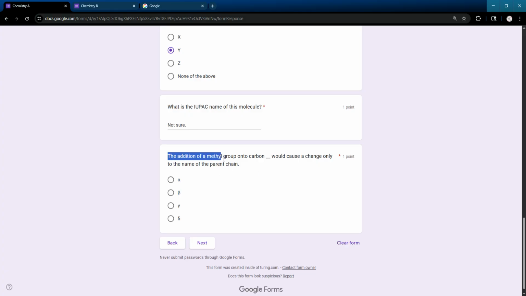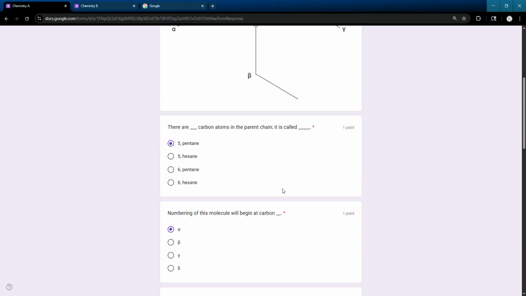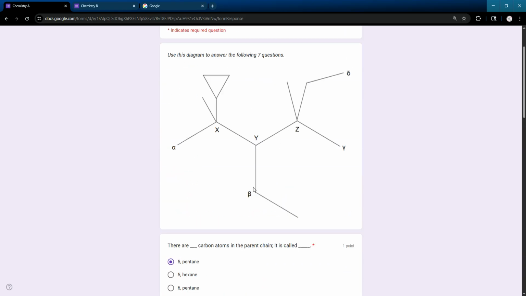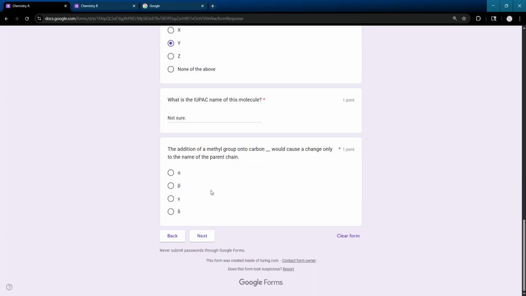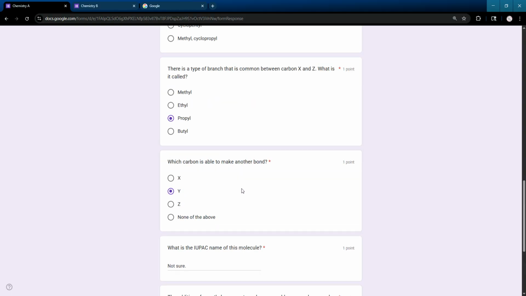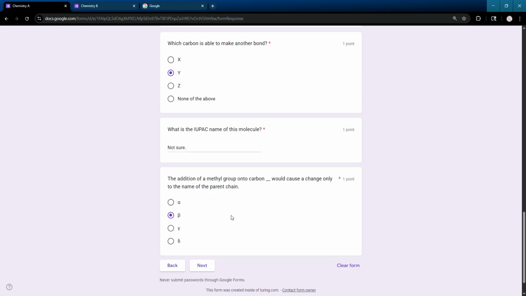The addition of a methyl group onto carbon would cause a change only to the name of the parent chain. Maybe this one. Is that the right symbol? Next.